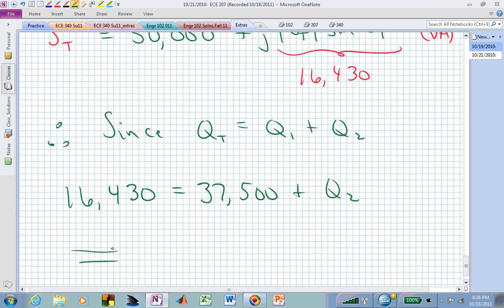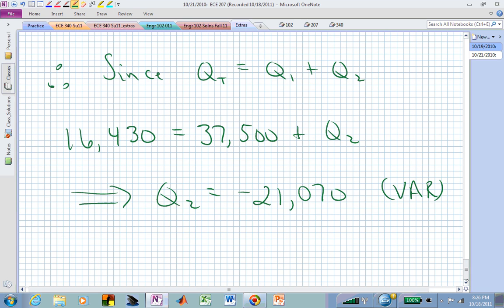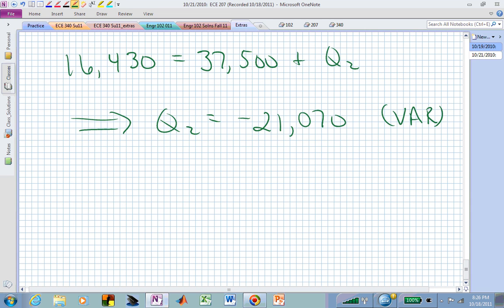We can solve for that, and now Q sub 2 is 16,430 minus 37,500, or that's a negative 21,070, and that's reactive power, or volt amperes reactive. That's now the S2 that we need.